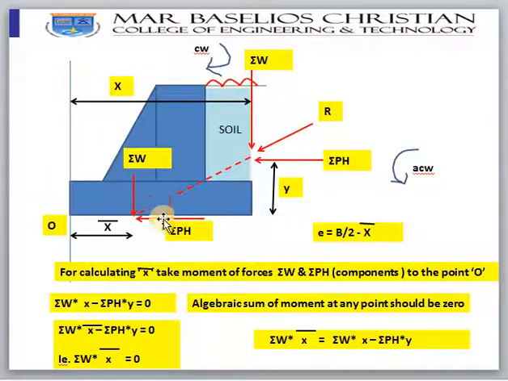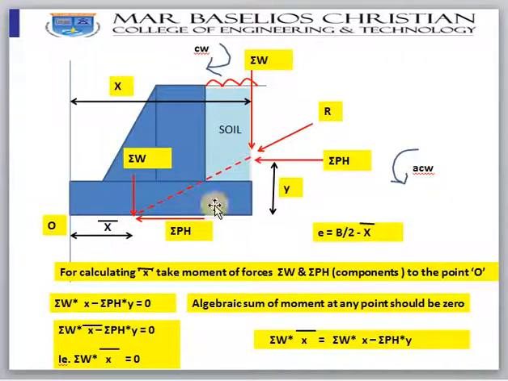Sigma pH passes through the point O itself where we want to take the moment, so y will be 0. So at this point you have only sigma W into x bar equal to 0.